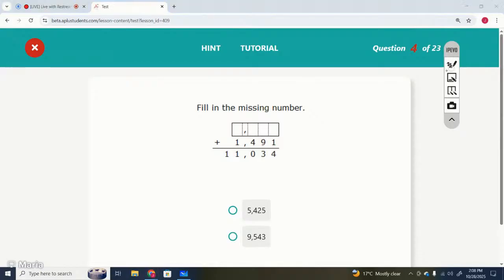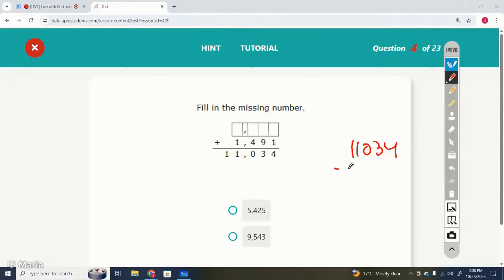11,034 and 1,491. So we need to subtract them. 11,034 minus 1,491. So we always start subtracting from the ones digit. 4 minus 1 is 3. We need to borrow 1. 10. Here we have 9. 13 minus 4. 9 minus 4 is 5.